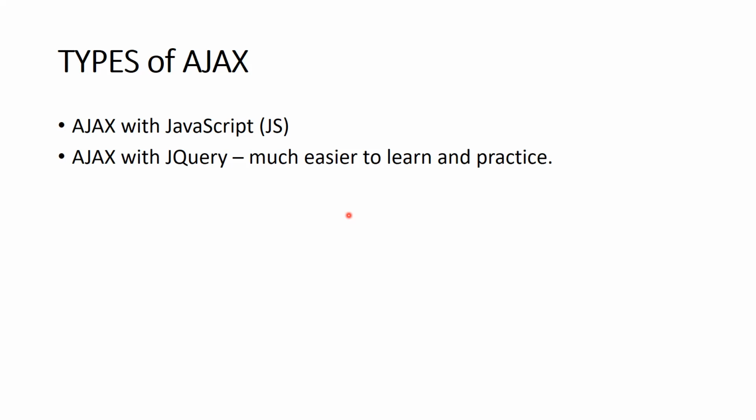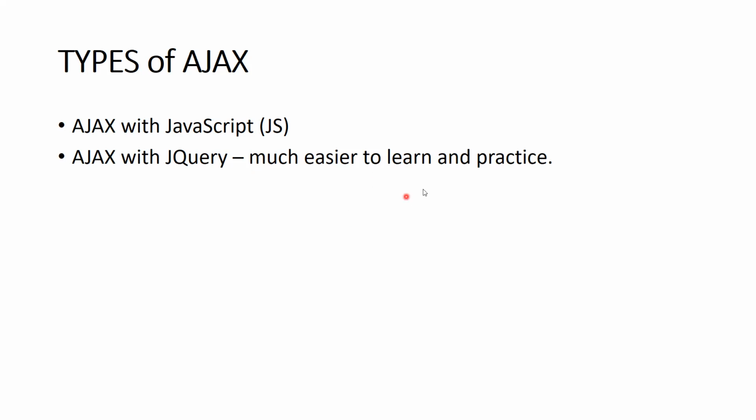Now, AJAX with jQuery. So we have AJAX with JavaScript, and AJAX with jQuery. Now jQuery is much easier to learn and practice. Why? Because the syntax in jQuery is way simpler, whereas JavaScript tends to make things a bit more complicated and difficult.